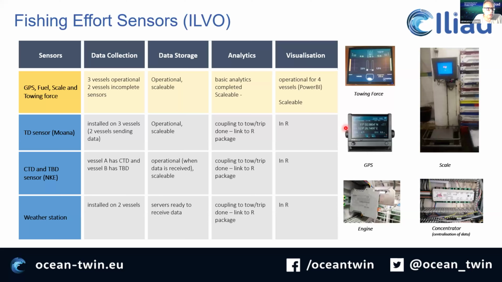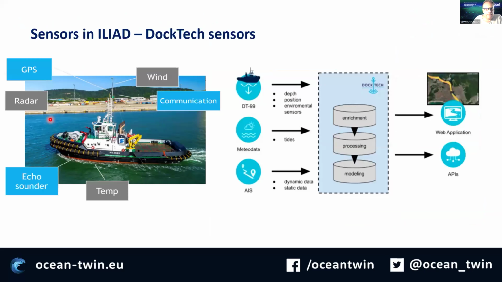The ILVO sensors, here you can see the whole system, how the ILVO sensors collect all the data, what sort of sensors. For example, we have CTDs or turbidity sensors, weather stations. We have the towing force sensors, and all these, which of course are useful in order to understand when the fishing vessel is fishing.